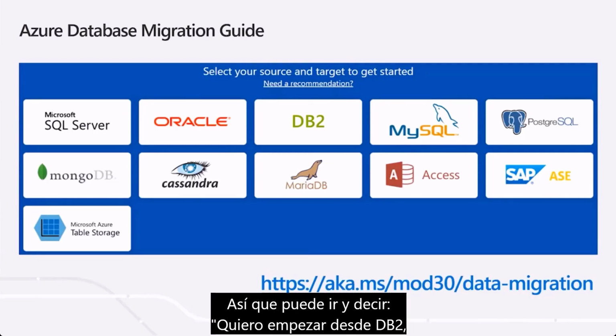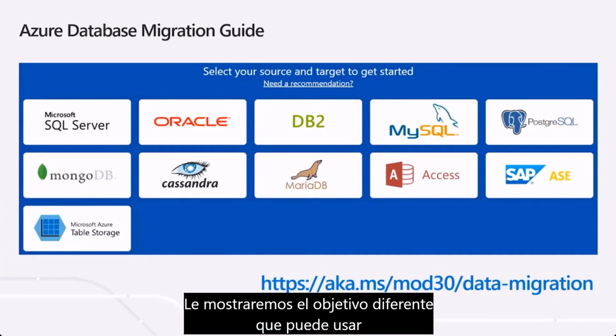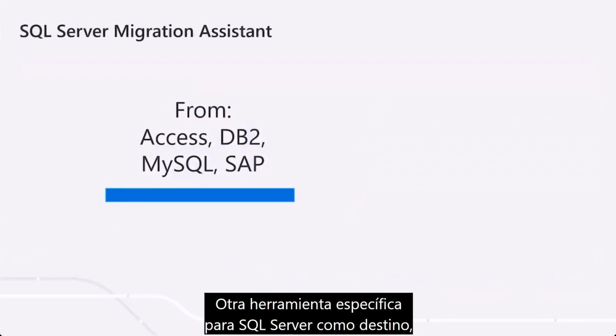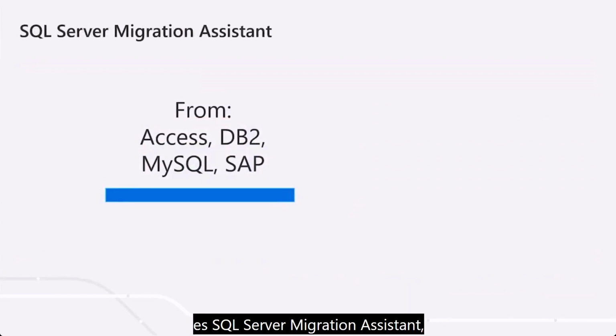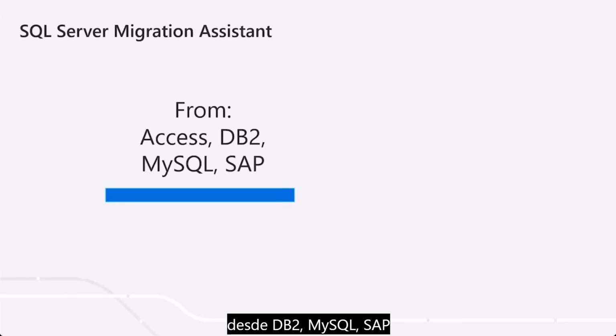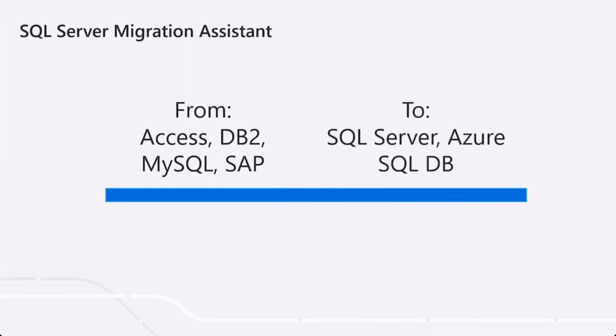So here you can say, all right, I want to get started from DB2, from Oracle, from Cassandra, etc., and then we will show you the different targets that you can use, and the different tools that can help you to do that. Another tool, specifically for SQL Server as a target, is the SQL Server Migration Assistant. Here again, you can migrate from Access, from DB2, from MySQL, from SAP to SQL Server on-premises, but also to Azure SQL Database single instance.